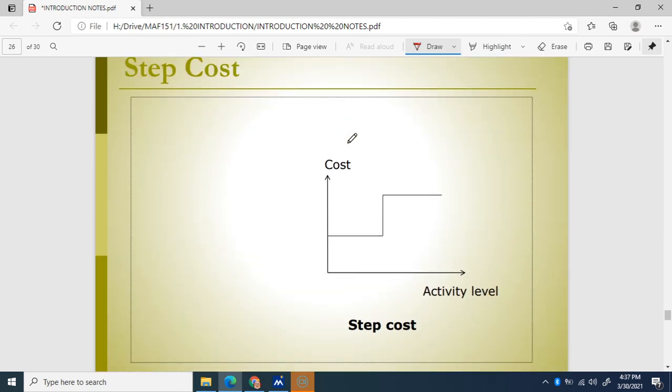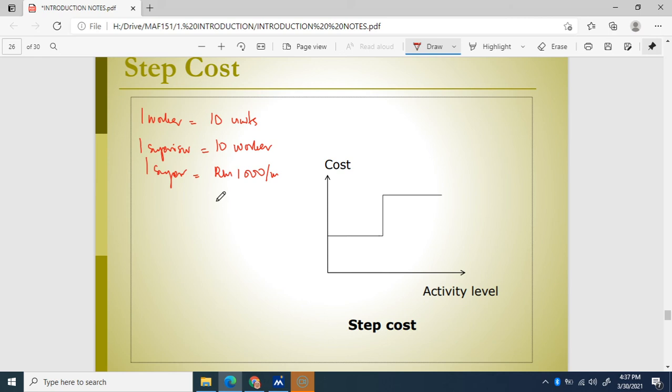Example here: in the factory, let's say we have a worker. One worker can produce 10 units of output. You have a supervisor to supervise the workers. One supervisor can monitor or supervise 10 workers. The salary for the supervisor is RM 1,000 per month.